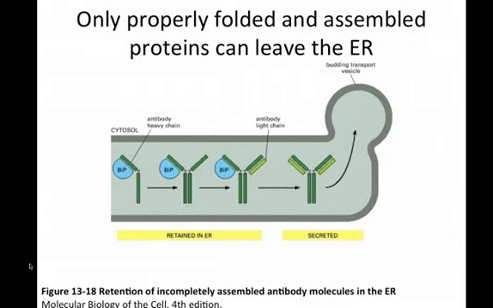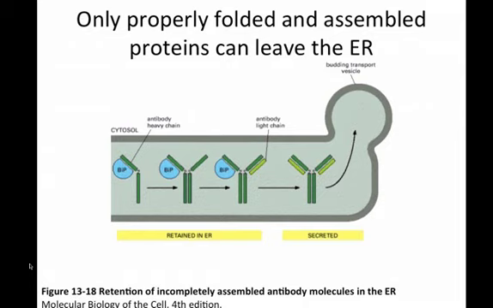So only properly folded and assembled proteins can leave the ER. And what this is showing here is an antibody being assembled, and BiP, which is that ER resident chaperone, is binding to an antibody heavy chain, because antibodies are multi-subunit proteins. They're 2 heavy chains, 2 light chains.